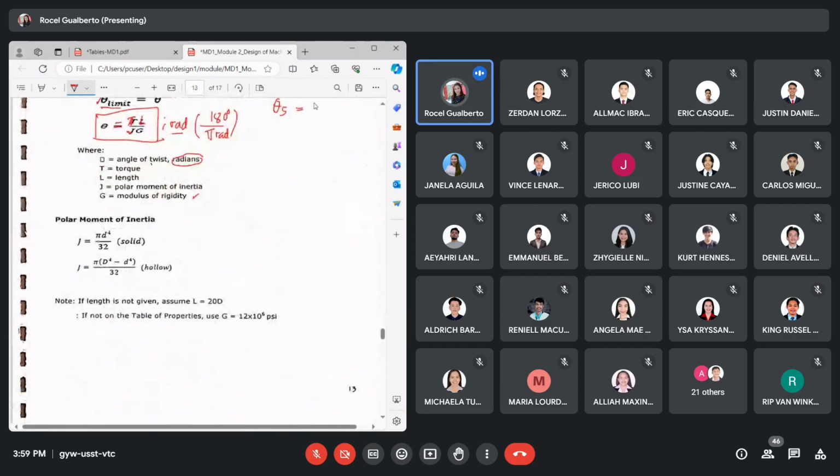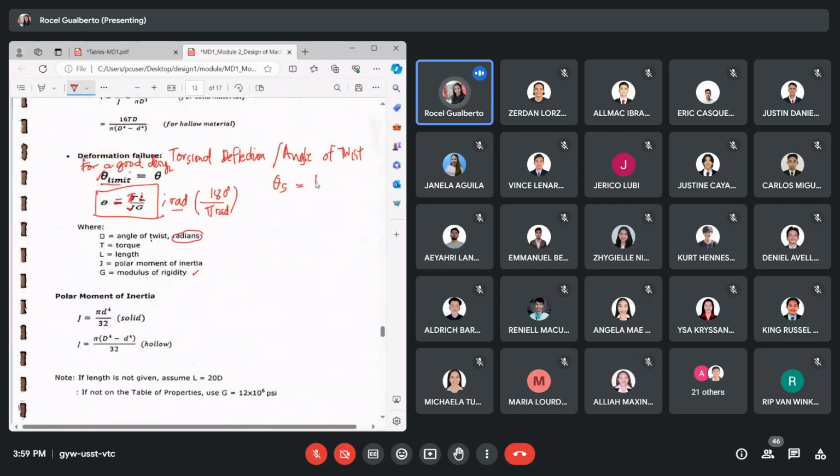So, we have here now TL over J, where J is pi d to the fourth divided by 32, then you have there G. Simplifying this, theta for solid would be equal to 32 TL over pi d to the fourth G. Okay? At ito po yung i-equate natin to theta limit kung yan po ay solid.